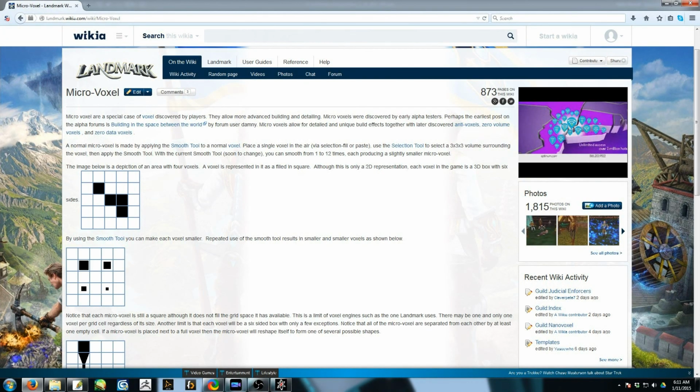This is not a term I have made up. As its origins come from a game called Landmark, it means building geometry smaller than a voxel in size, out of voxel level geometry.